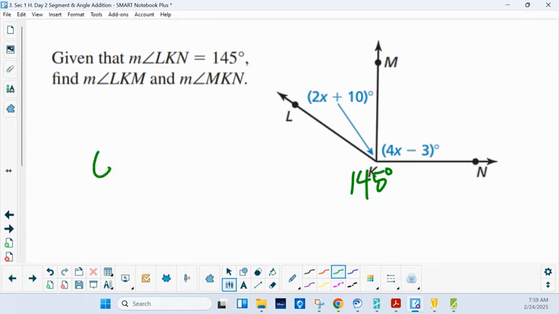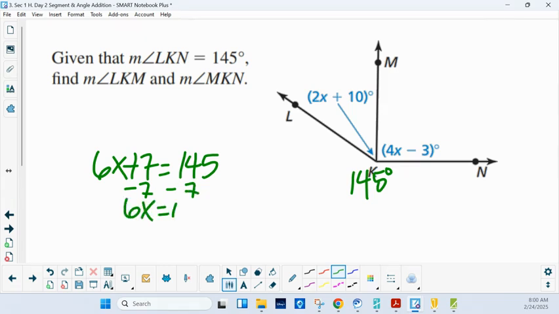How many? Good, 6x plus what? 7 equals the full angle at 145. Then just solve like we've been doing, minus the 7. Someone tell me 145 minus 7. 138 divided by 6. What's our x? 23.